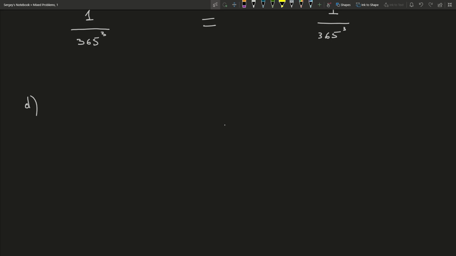In part D, we're given this game. Martin and Gail are playing this game, tossing a coin. They keep on tossing the coin unless heads appears or tails-heads appears. So these two are the stopping criteria.